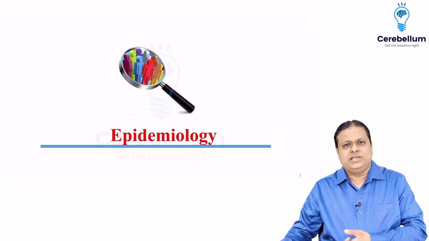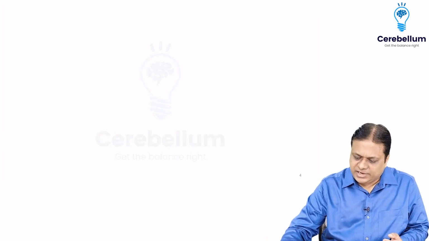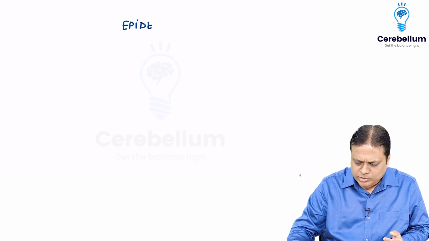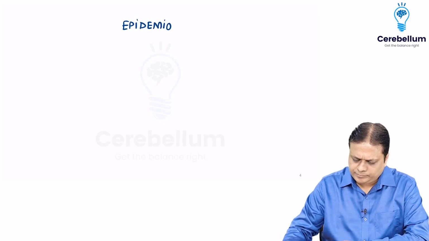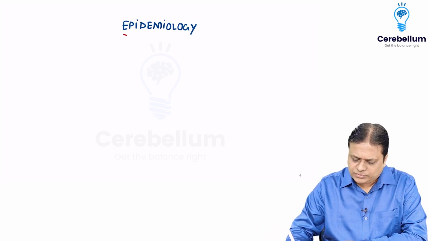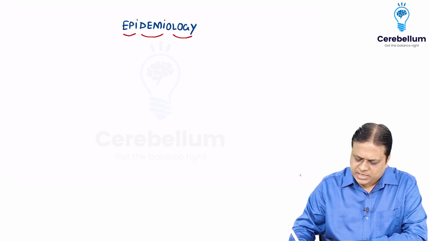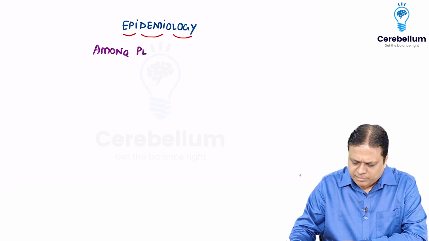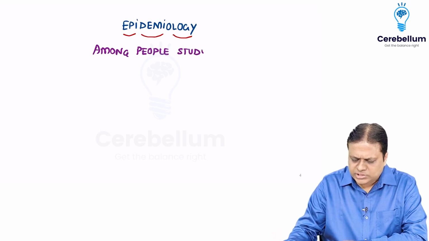So epidemiology, let us start with the basic definition. Friends, what exactly is epidemiology? It is a combination of three parts, that is epi, among, demi, people, and logy, study.